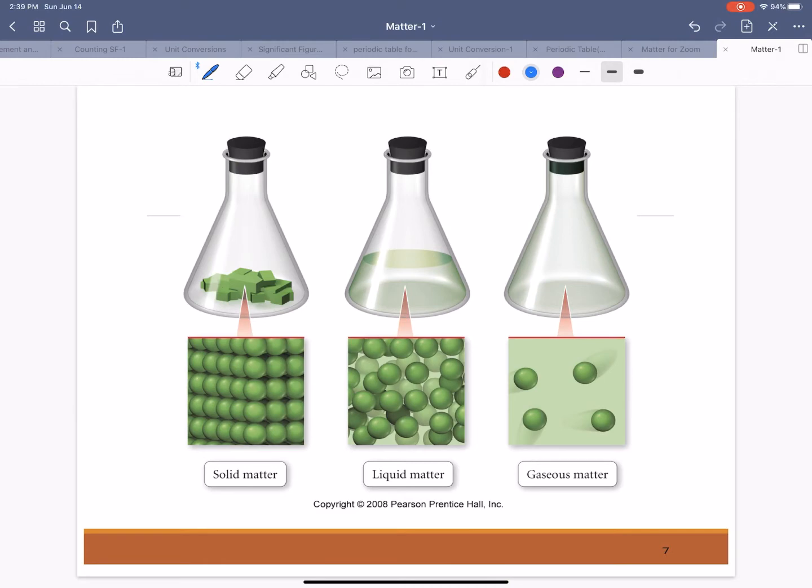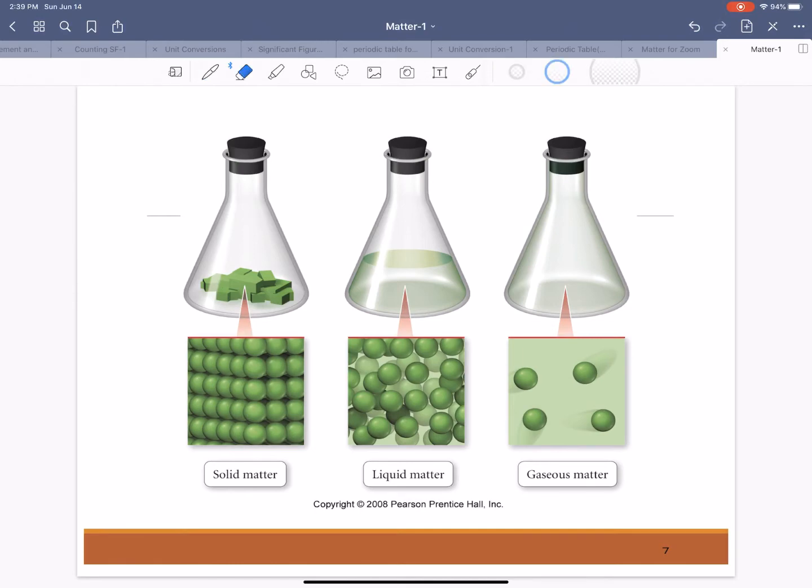So here we have solid matter, and in chemistry, while we can see matter, if we start to think of matter on a particulate level, an atom or molecular level, we are not able to visualize that. And so we often will draw pictures in our mind to explain what we see.